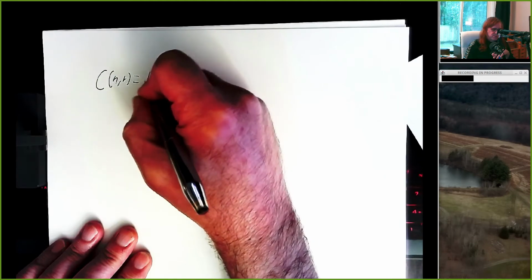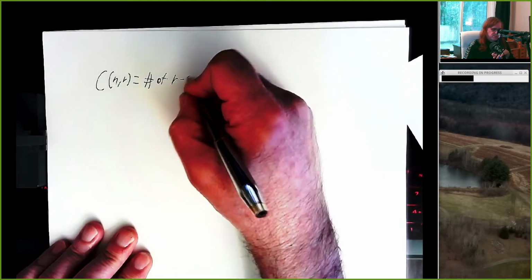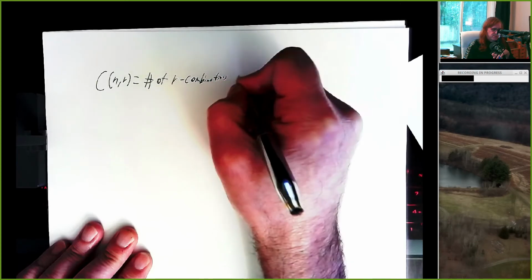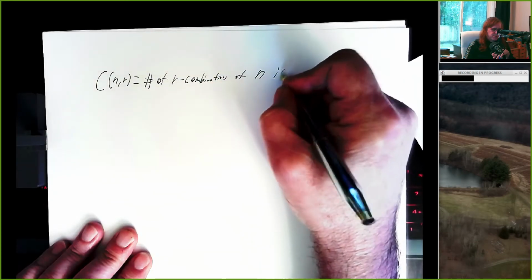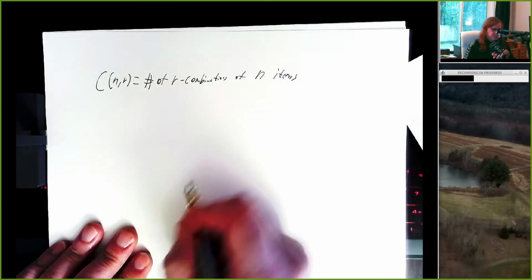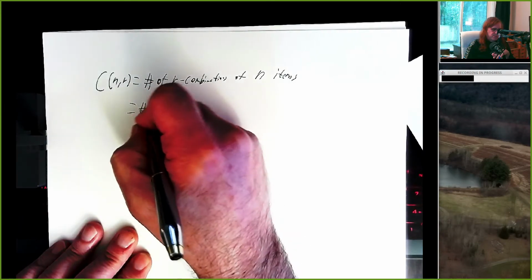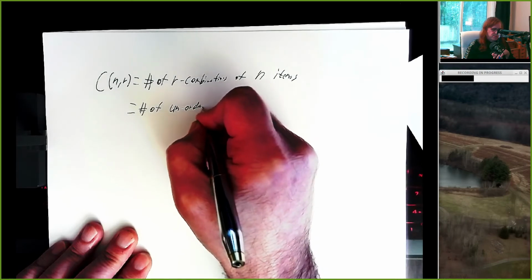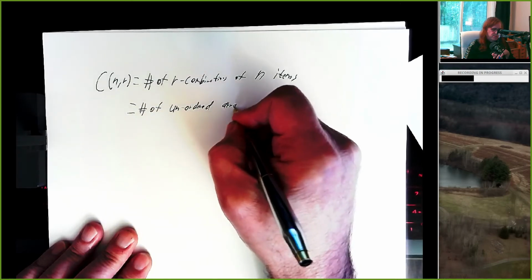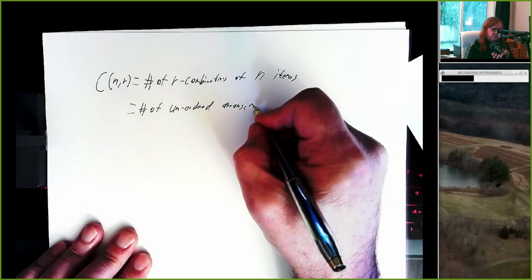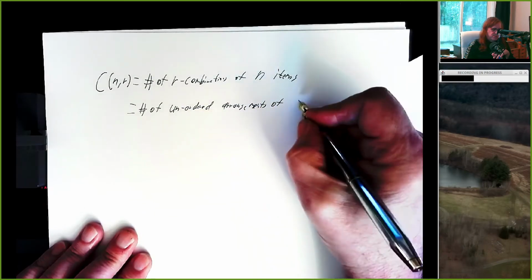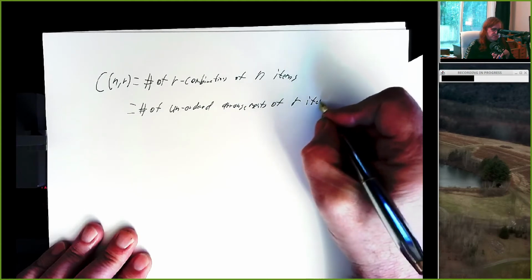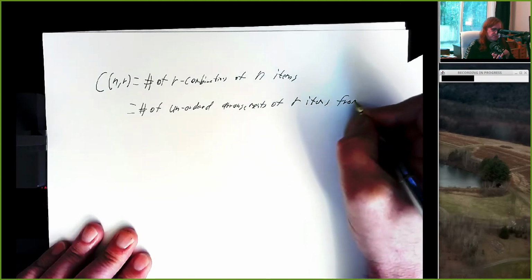C(n,r) equals the number of r-combinations of n items, which is the number of unordered arrangements of r items from n.